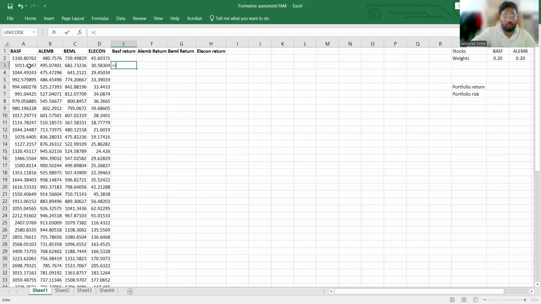So we calculate it: this one upon this one.